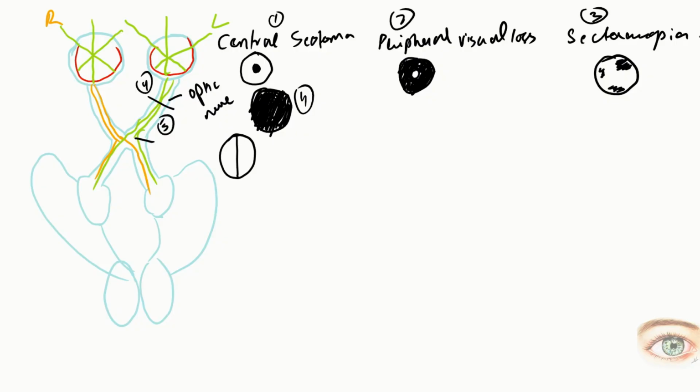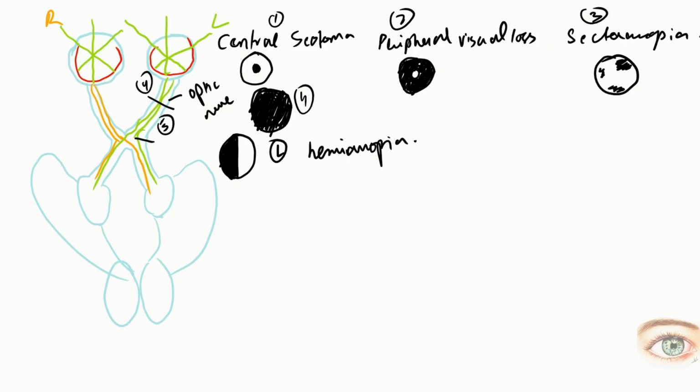And since it is involving the temporal fibers of the left eye, so the right side, it is going to cause hemianopia of the right side of the ipsilateral eye. So how are we going to document it? We are going to document it like left hemianopia, right?